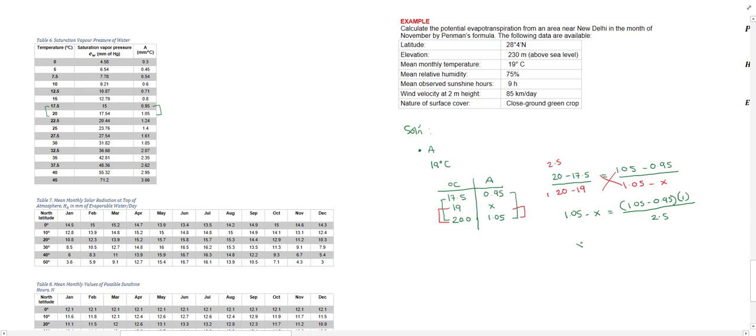So our x would be 1.05 minus this whole term. So our x is equal to 1.01 mm per degree Celsius. So this is our A at 19 degrees Celsius. A is equal to 1.01.